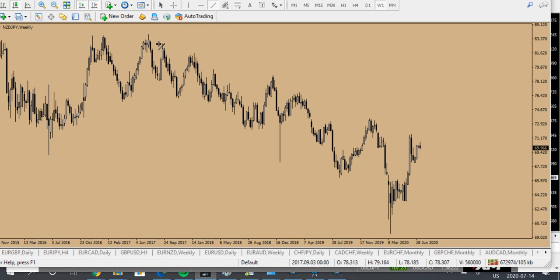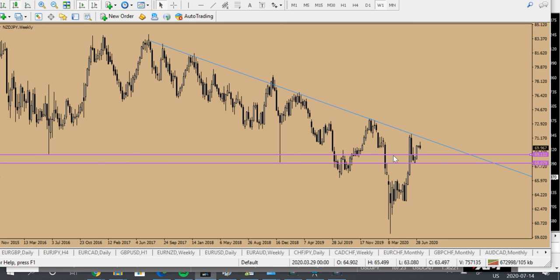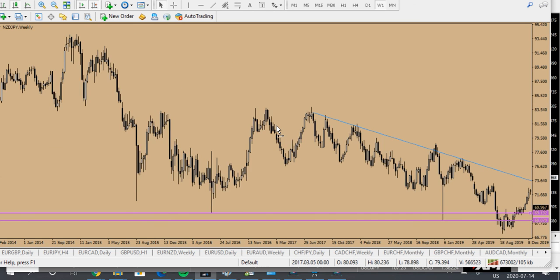Here's the trend line. Seems to be going down. This is a zone.